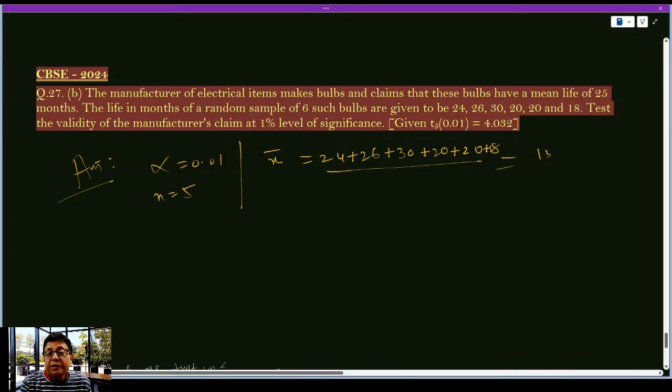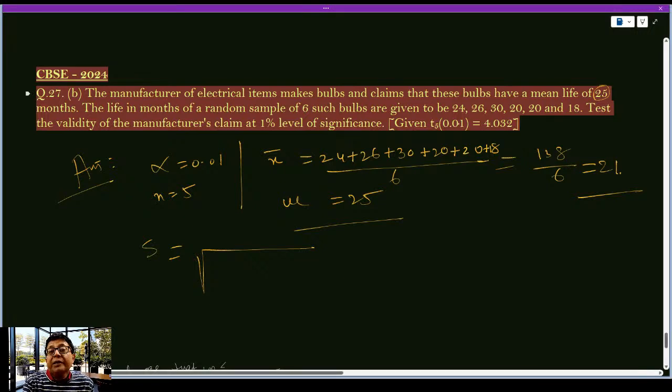So it will be divided by 6. Then it was 120, now plus 18, 138 by 6, 21. x bar is 21. Okay? Mean is what? They have claimed it is 25. Mean 25. Then S we have to find.